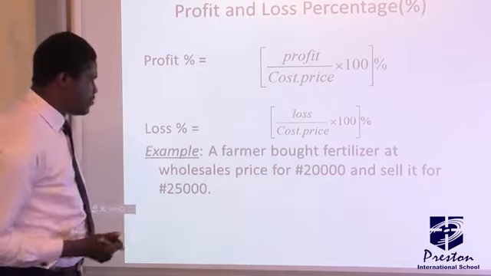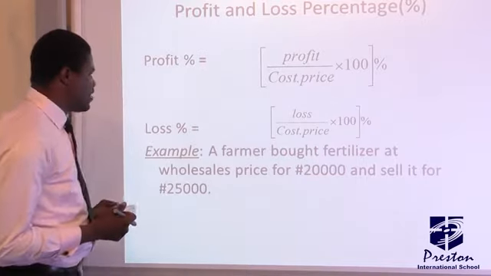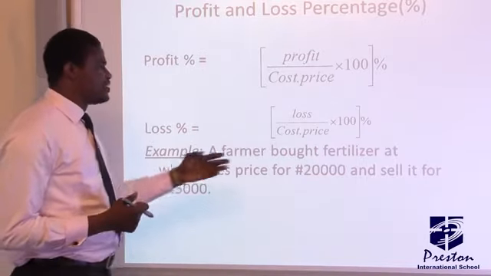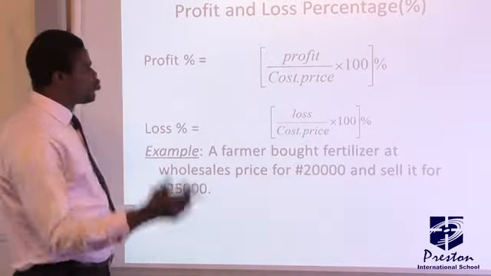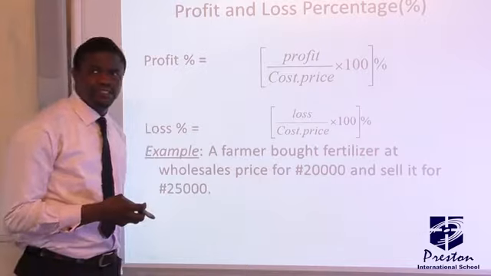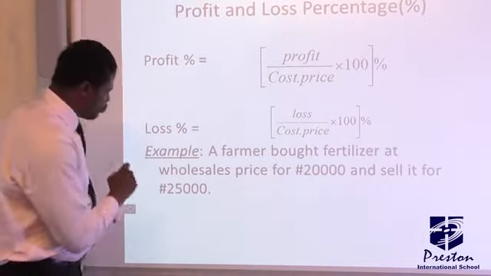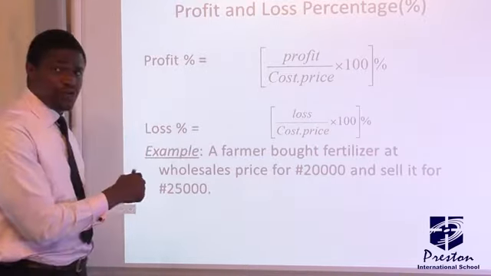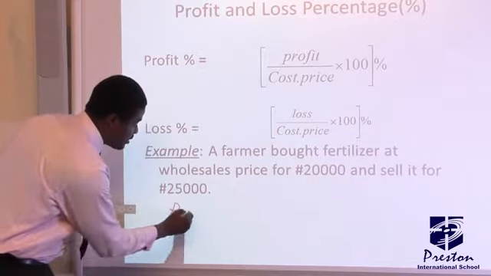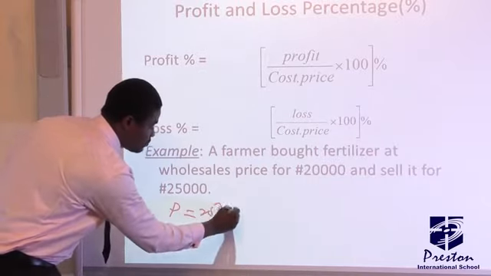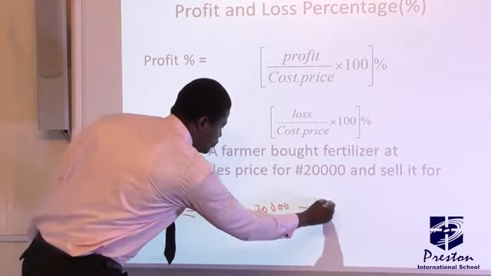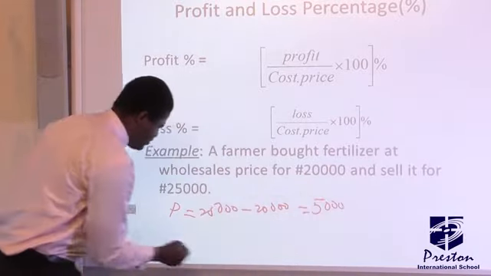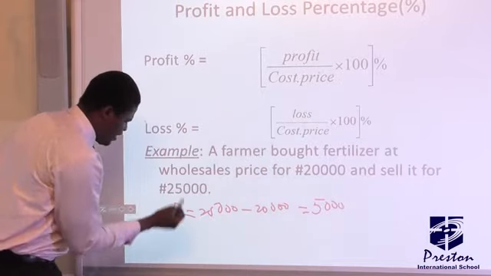For this example now, a farmer bought fertilizer at wholesale price for 20,000 and sold it for 25,000. If we want to calculate the percentage of the profit or loss here, to start with, we have from the previous one that this is profit, that is 25,000 minus 20,000. We have 5,000 there. Now, what is the percentage of that profit?